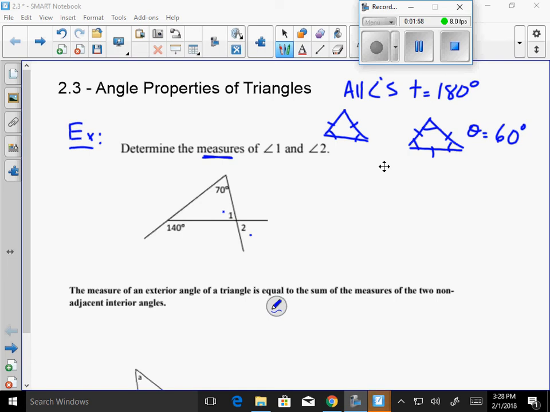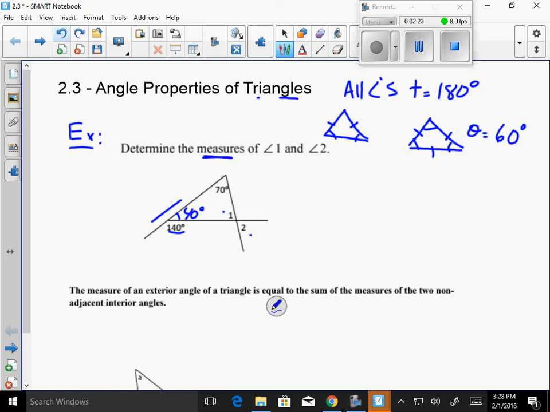And because we're dealing with triangles today, I'm going to deal mostly with this triangle here to solve for everything, all right? So first thing I notice is, if I look here, this is 140 degrees. So this part here, because this is a straight line, has to add up to 180, so this has to be 40 degrees. Okay?